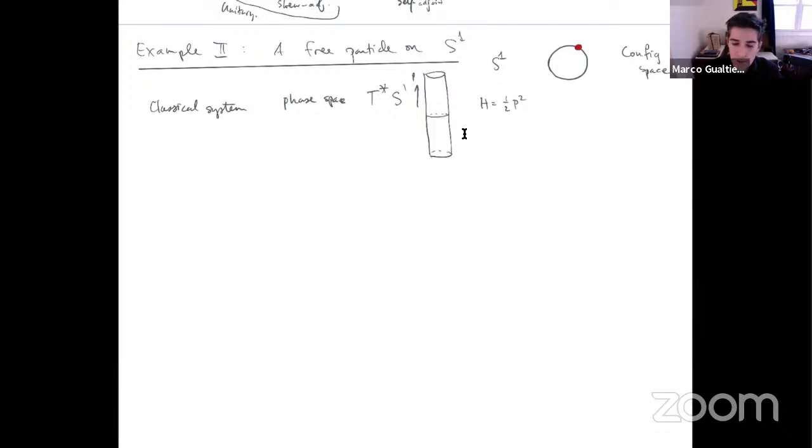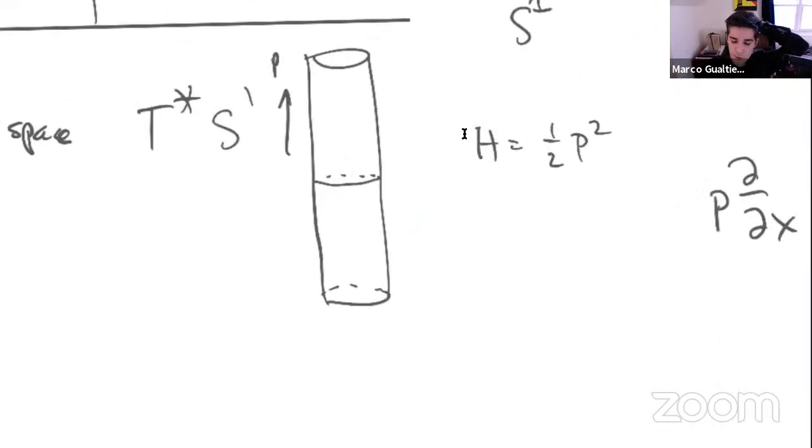So when we allow it to evolve under this Hamiltonian, we would need to find the vector field corresponding to this if you apply dH. If you look at the vector field which comes from this, you'll get p d/dx, and the flow will look like this.